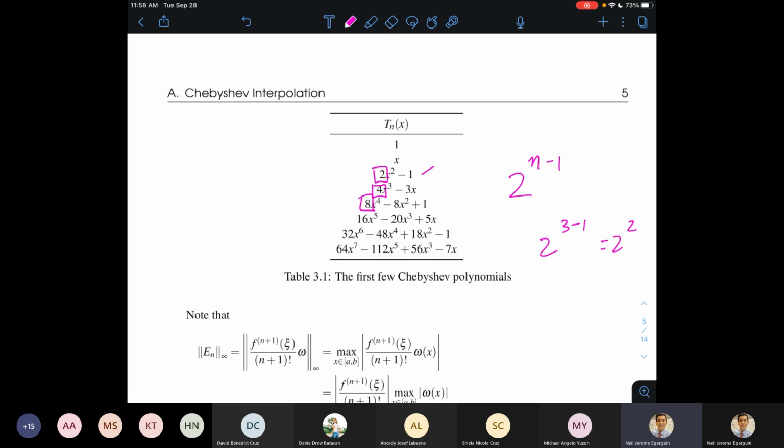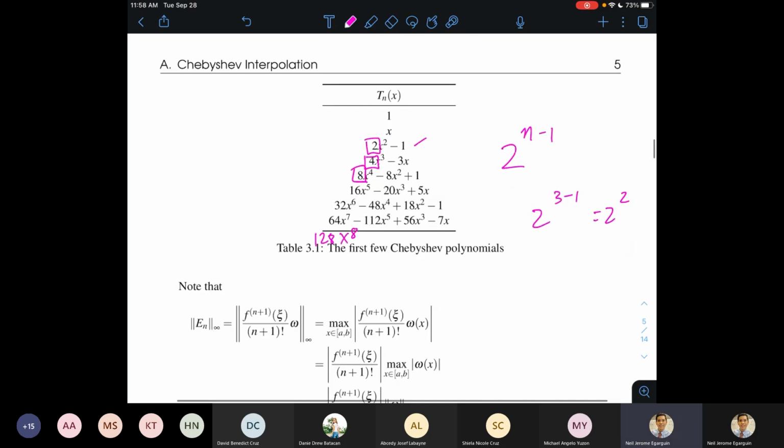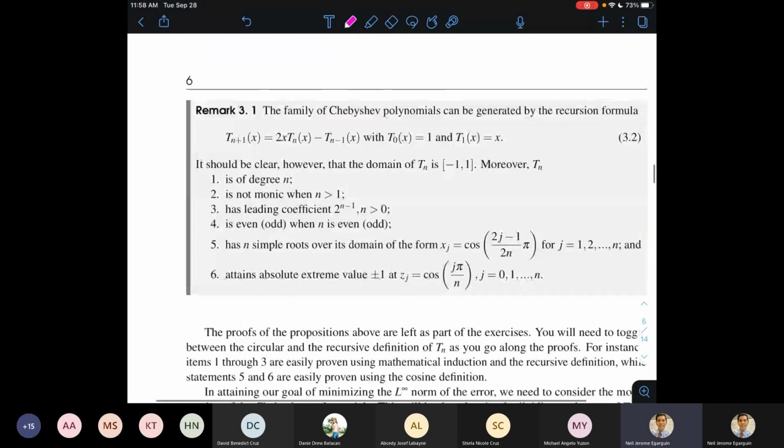X to the 4th will have coefficient 2 cubed. And then imagine x to the 8th. The degree 8 Chebyshev polynomial will have 128 as its leading coefficient, which is 2 to the 7th. Yep, I think so. So I think that could lead to a proof by induction of remark number 3, saying na ang leading coefficient niya ay 2 to the n minus 1.